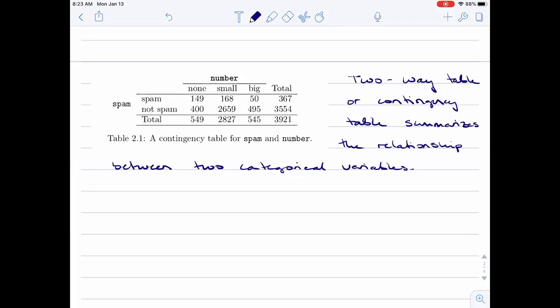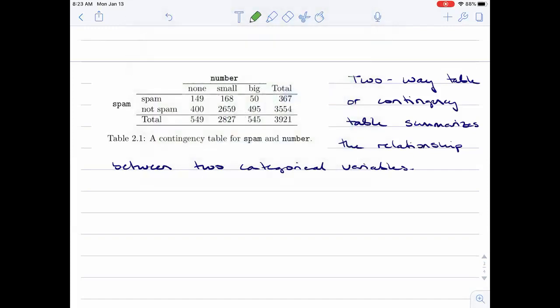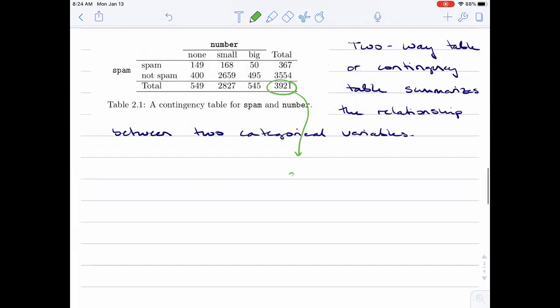So we divide one of these numbers by a total. And what gets confusing is we have column totals. So these down here, we have column totals, we have row totals, and then we have the grand total, which I should have scooted down a little bit, but the grand total is here. So let's do green. Here, this is a grand total.